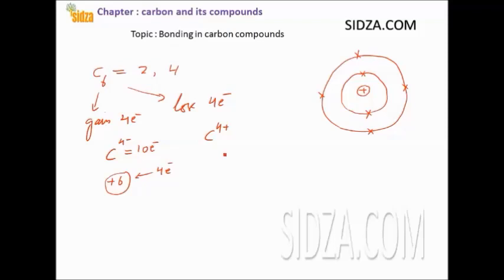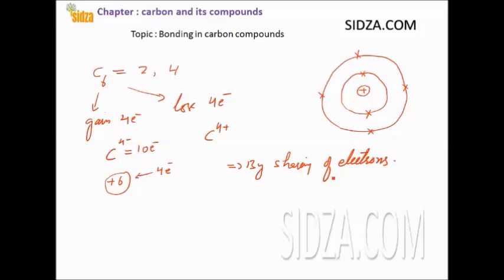So there is no loss and gain of electrons in carbon compounds. Rather, carbon completes its octet by sharing of electrons.